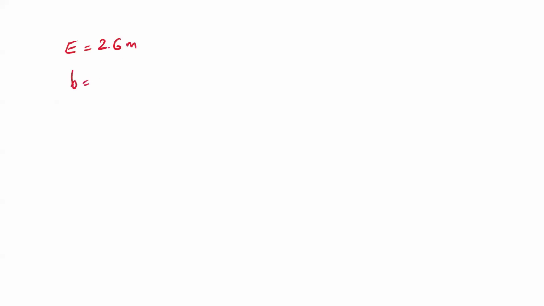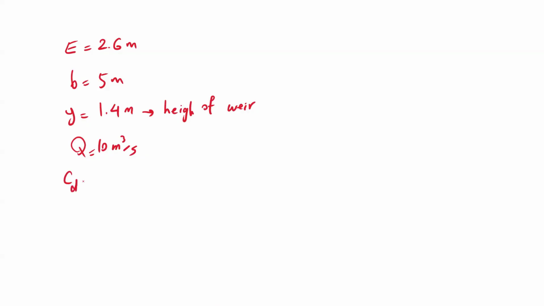So the energy was 2.6 meter and B was 5 meter. I will write Y here. Q was 10 cubic meter per second. It asks for CD and HL.